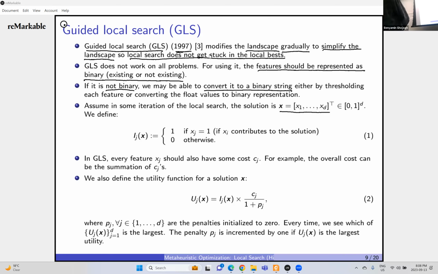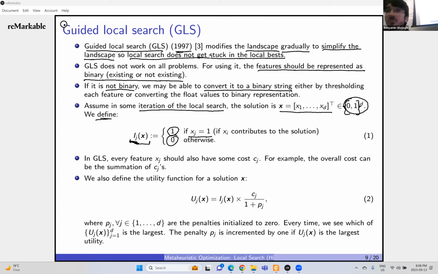Then x1 to xd, what does this mean? A d-dimensional vector whose elements are 0 and 1. Then assume in some iteration of the local search, the solution is this. Now I define Ij of x as 1 or 0.